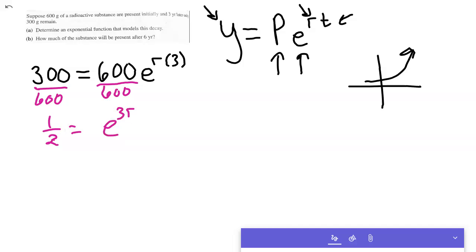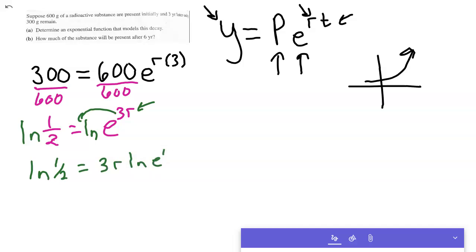And again, anytime you have an exponent that you're solving for, you can just natural log both sides. And what happens is that 3r will pop to the front. And so you'd have ln of 1/2 equals 3r ln of e. Well, the natural log of e is e to the first, that is 1, so that's gone.